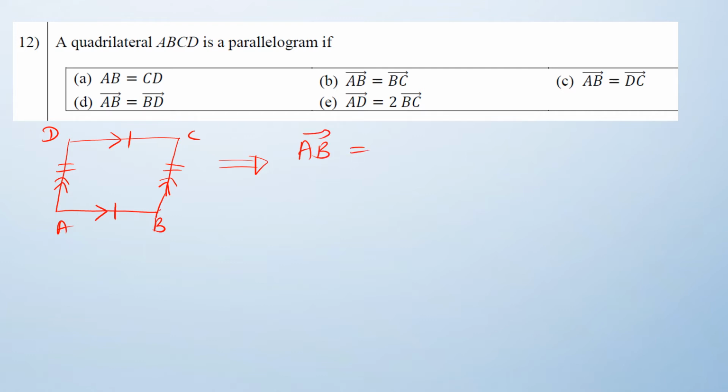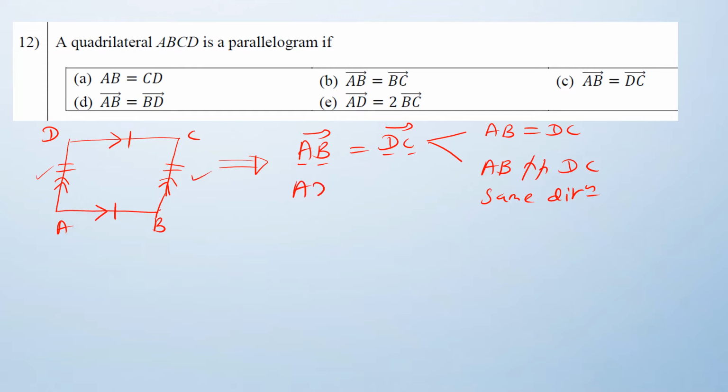AB vector equals DC vector. That implies AB equals DC in magnitude, and the AB line is parallel to DC with the same direction. That's why I used from A to B, from D to C. Direction same. For the other pair, when we consider the AD side and the BC side, the AD vector equals the BC vector.